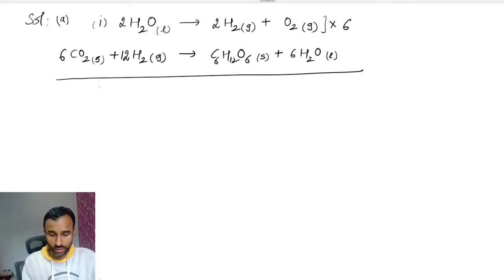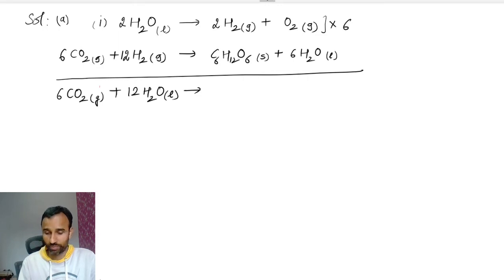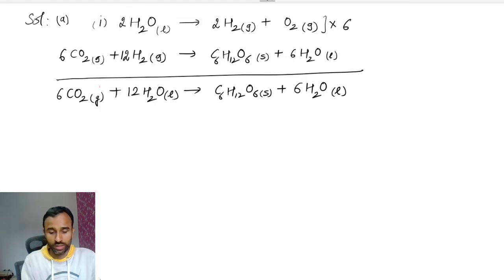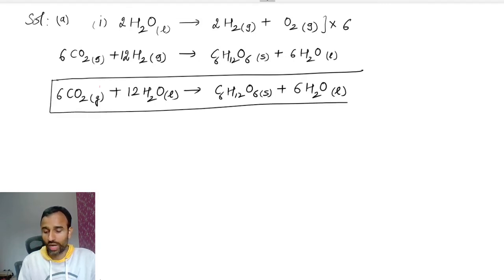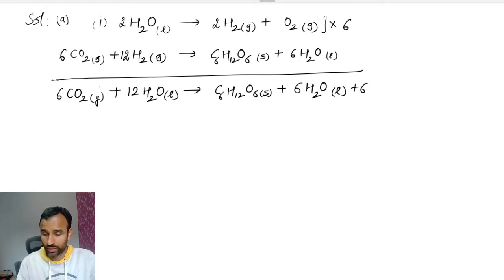So overall it comes out to be 6 CO2 gas plus 12 H2O liquid, H2 cancels, and C6H12O6 solid plus 6H2O liquid. So it is more appropriate to write like this, along with 6 O2 gas.